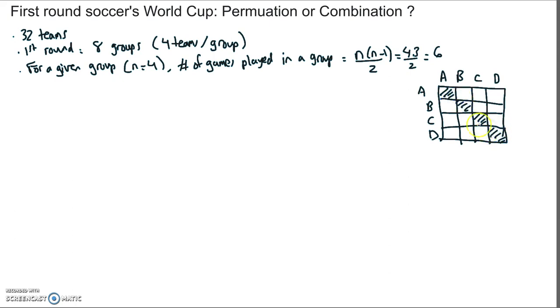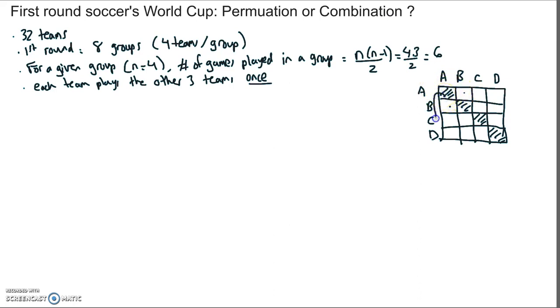And we said that in the group games, each team plays the other 3 teams once. So if you look at the scoreboard, this square says that B plays against A, and this square says that B plays against A, so we only have to count the number of squares once.